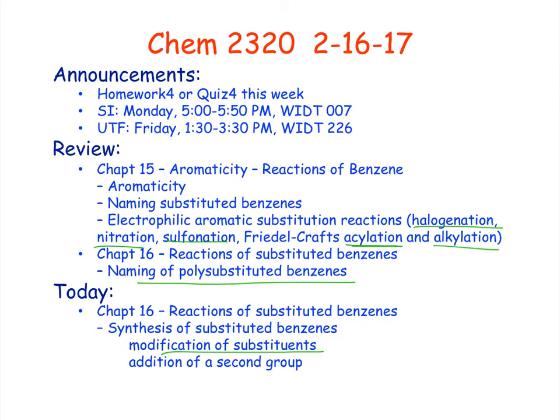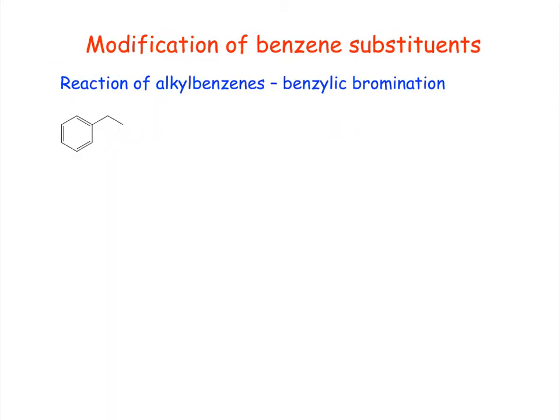The main thing we could do would be to make a Grignard reagent out of that, and then use that as a nucleophile and do whatever chemistry we want. We saw that we could hydrogenate a nitro group down to an amine, down to aniline. What else did we look at? Sulfonic acid groups. If we heat them up in acid, we could take it back off. And then we started through alkyl groups.